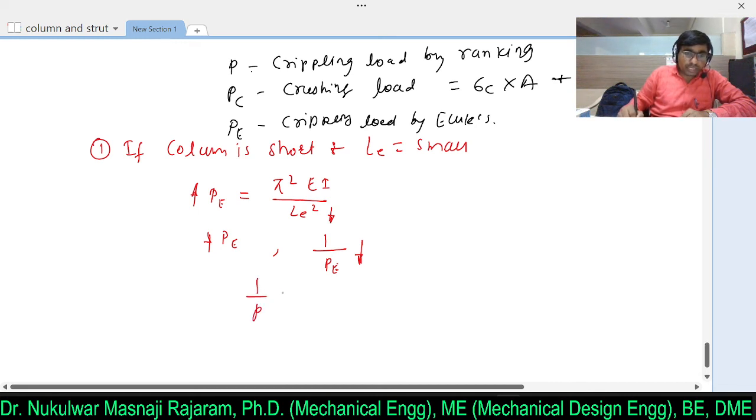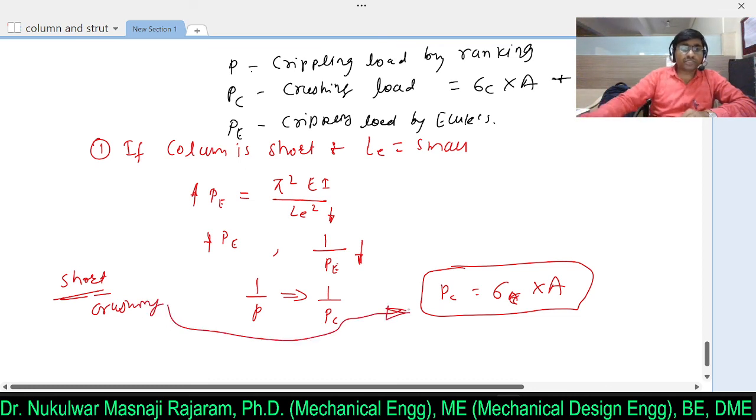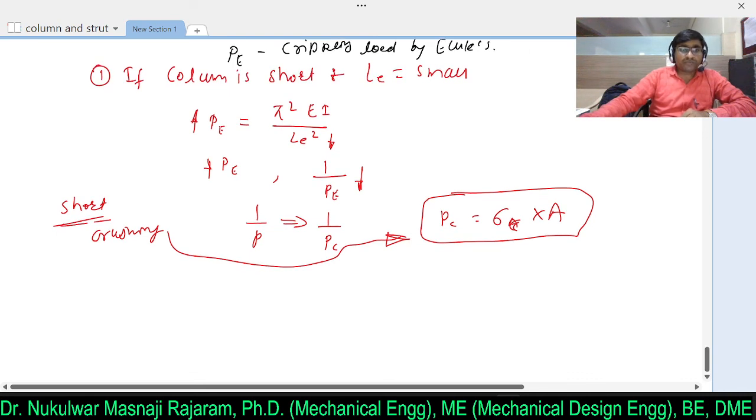The crippling load will depend only upon the crushing load, and this crushing load can be given by crushing stress into area. Simple. That's why if the column is short, then it fails only due to crushing. So this is the relation through which we can say that a short column will fail due to crushing only. Simple. 1 upon PE factor is very less. That's why we neglect the buckling load for a short column.